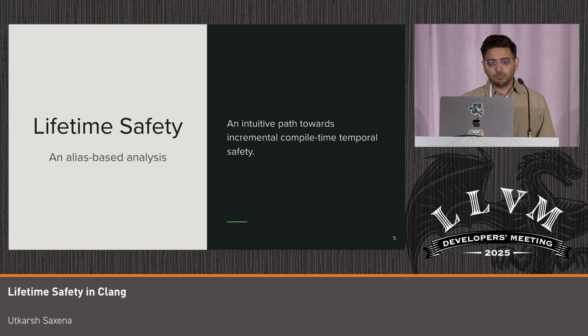It aims to propose an intuitive lifetime model, and it tries to achieve incremental temporal safety, for example through gradual typing and things of that sort. So let's dive into the intuitive part of this analysis.